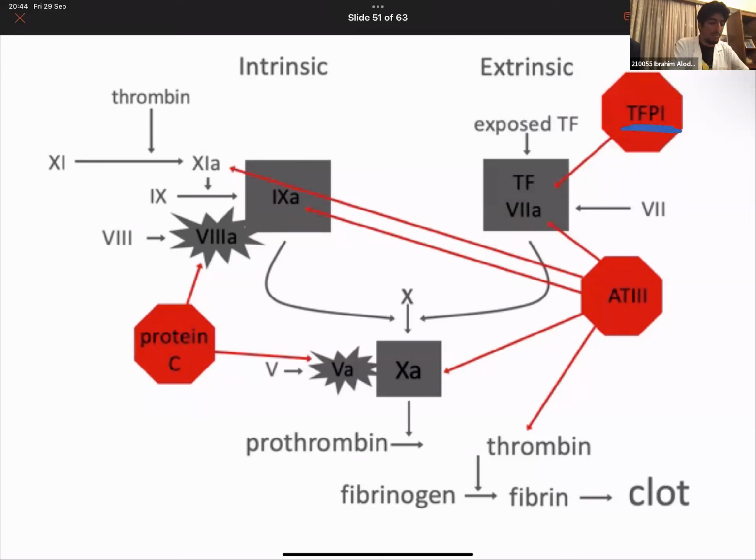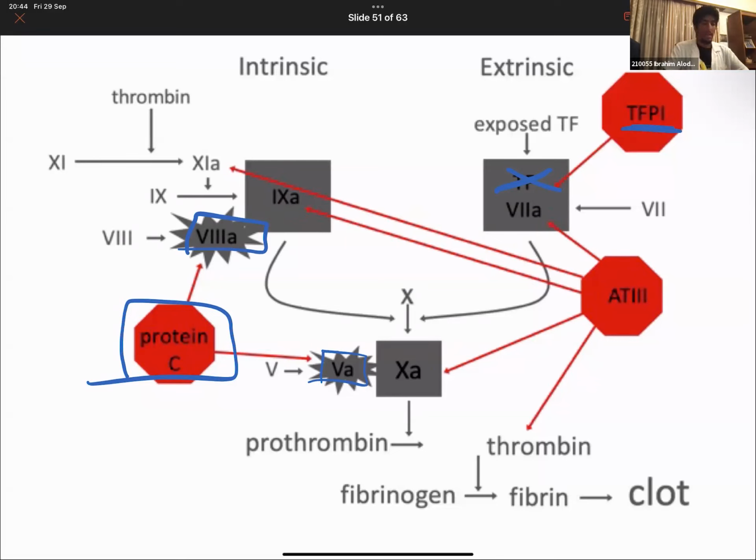So that kind of stops the extrinsic pathway. And then you have protein C, and protein C inhibits activated factor 8, and it inhibits activated factor 5. So it's going for both the intrinsic and the common pathway.